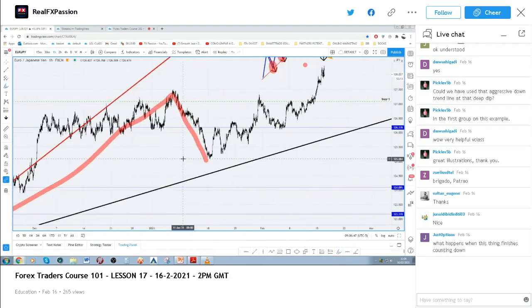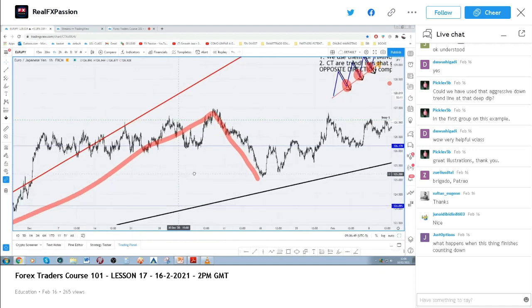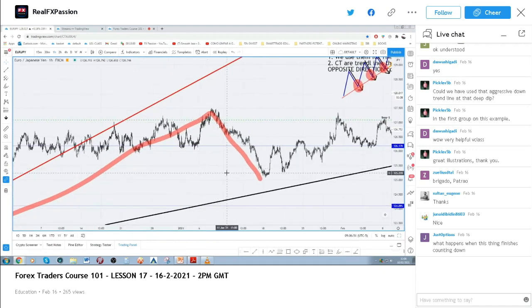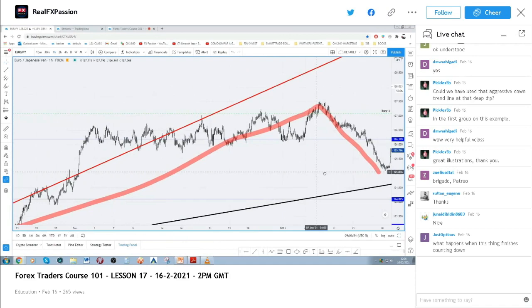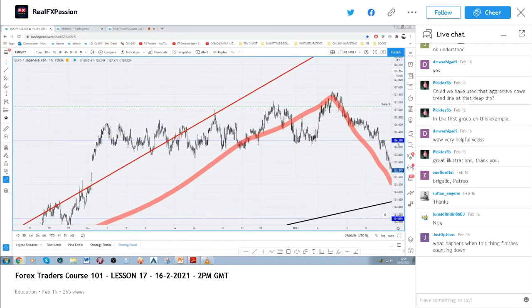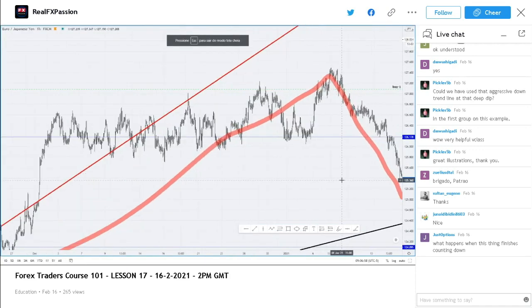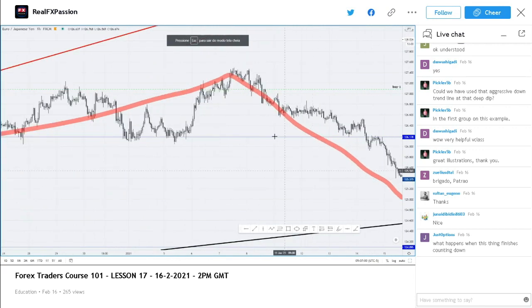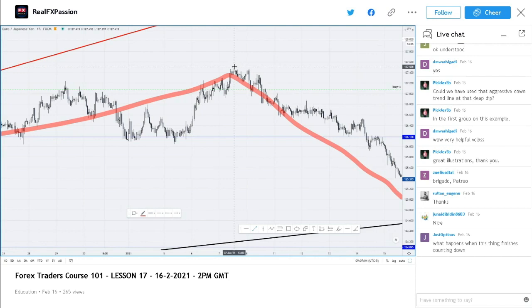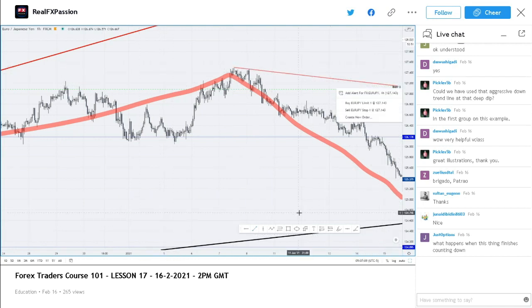This is extension and this is retracement. And because we don't know the future, right? We don't know what is going to happen, how it is going to happen, when it is going to happen. What can we do? Well, we can draw counter trend lines. So this would be one. Let's color code this in black.